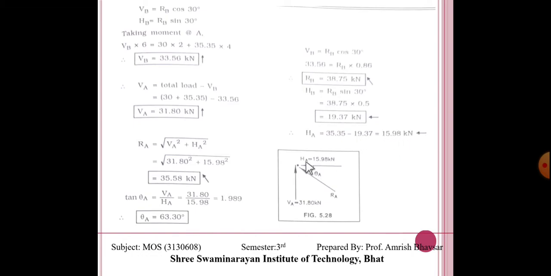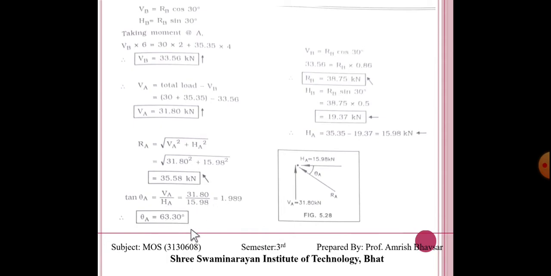It is leftward. Now at support A, we have again two reactions HA and VA. So we have to take the resultant reaction for that. So RA is equal to under root of VA square plus HA square. So that's why it is 35.58 kilonewton inclined, and the angle between resultant and horizontal, that is theta A, is equal to tan inverse VA upon HA.